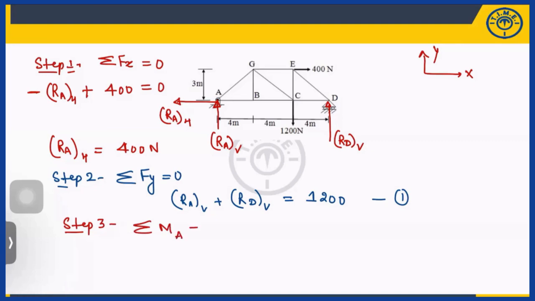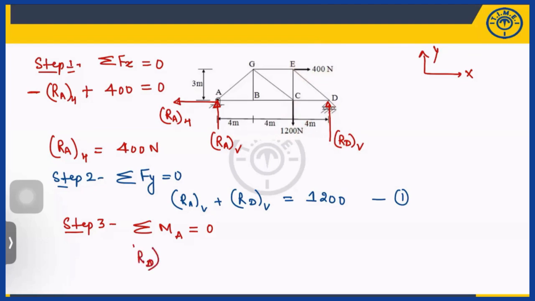I'm considering point A, and the summation of moment about A equals 0. Which forces will create the moment? One is this force, another is this force, and one more force is there, that is 1200. When you take the moment about point A, the two reactions pass through the same point, so the moment of these forces will be 0. Only these three forces will create the moment. So what is the moment about A?